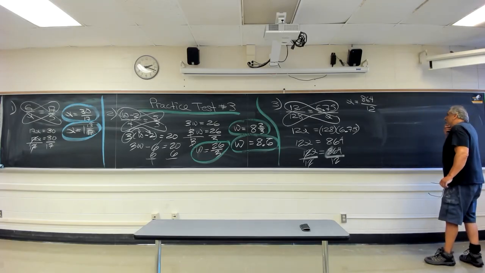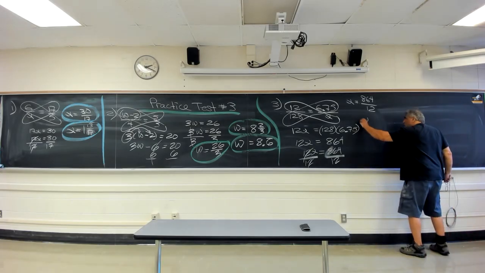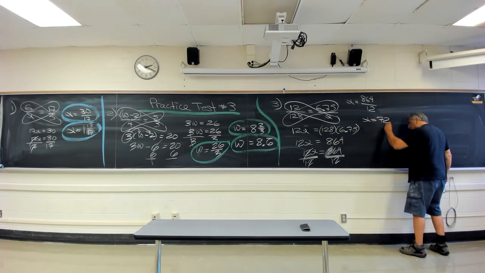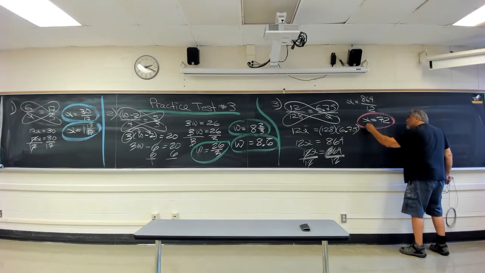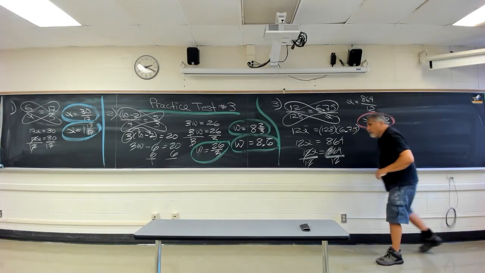So if it were 900, you'd get 300, you get 75. I'm saying 72. There's some tricks to this. I don't know for sure that this is right, you guys, but let's go for it. See where it goes.